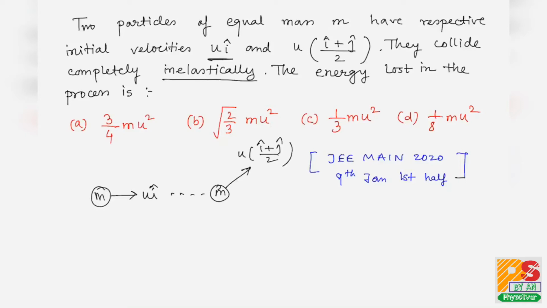Therefore this situation is before the collision, and after the collision the two masses should move somewhat like this, suppose with velocity v, and the component of this v along the x-axis suppose is v1, and the component of the velocity along the y-axis is v2, right?